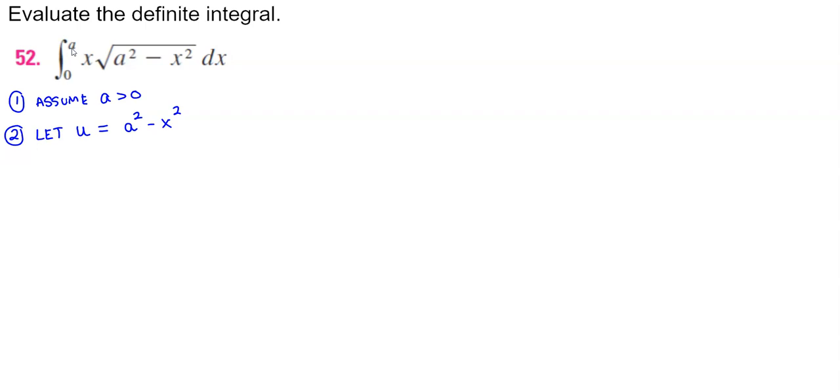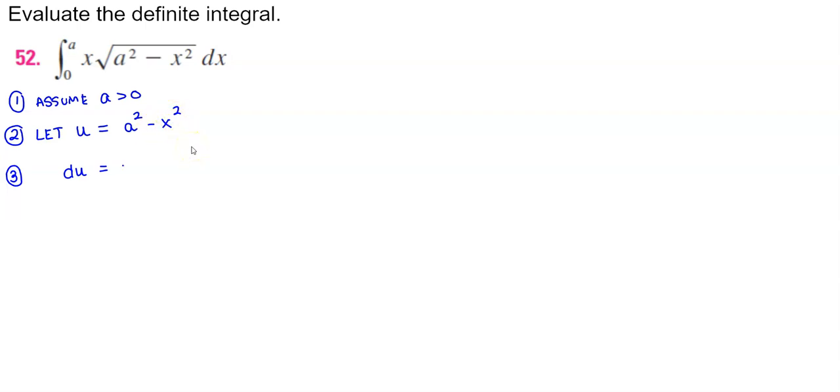Okay, so now we're going to take the derivative of both sides. So when we take the derivative of both sides, what happens? Well, because the value of a is a constant, when we take the derivative of that, it's going to give us 0. So we're going to take the derivative of negative x squared with respect to x.